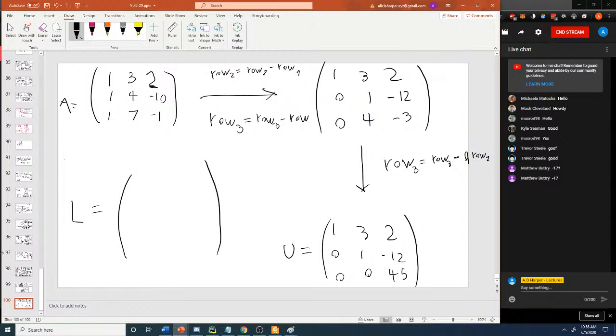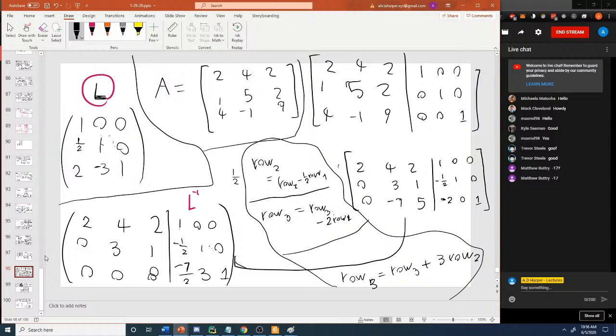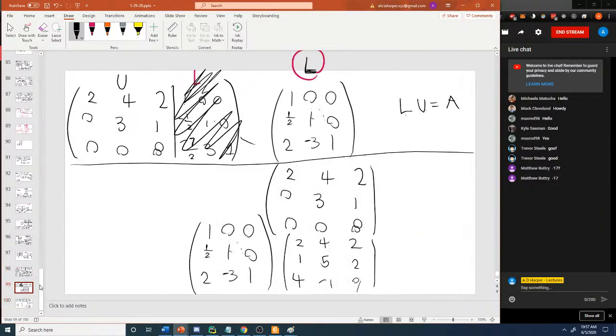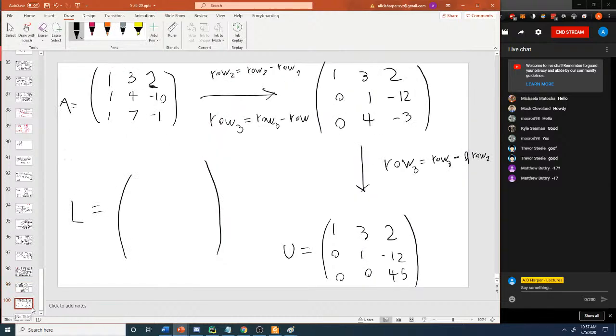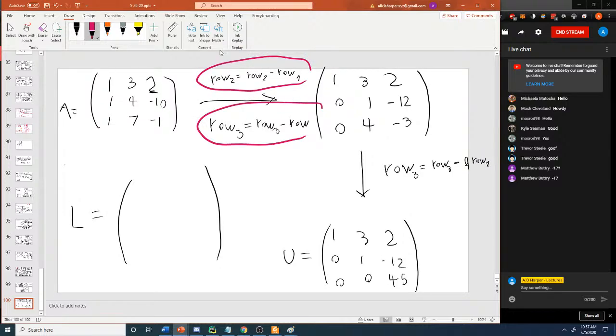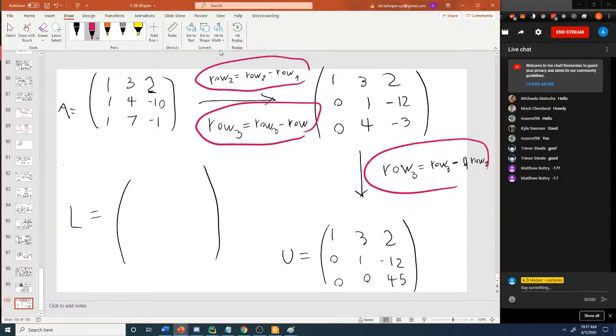So there's two processes of doing it. One is that you could have done what we did before and looked at this augmented matrix and at the end computed the inverse of this. But you can also just take a shortcut, and we're going to take the shortcut. The shortcut is to use what we know about all these different row operations. So I put a 1, 1, 1 here, 0, 0, 0 here.